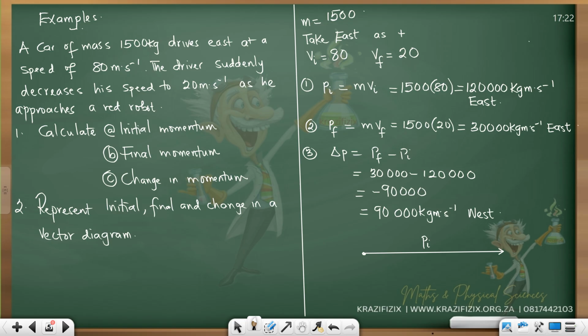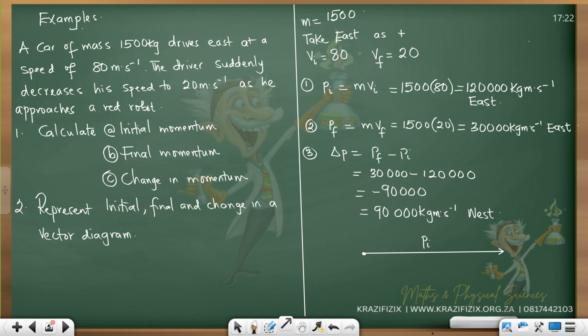What do you notice? The final is 30,000, right? Now, that should not be as long as the initial.